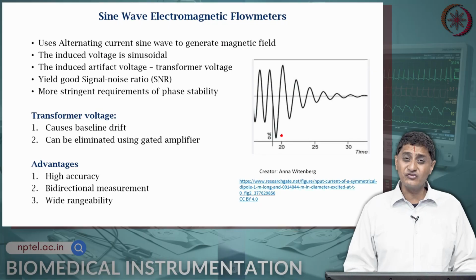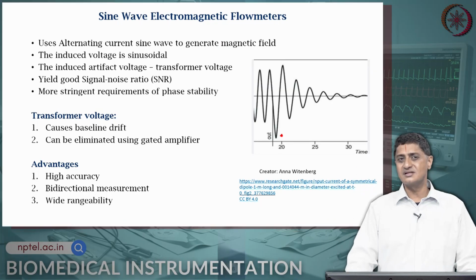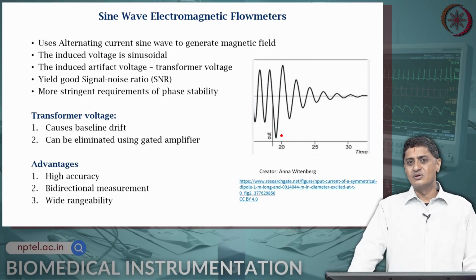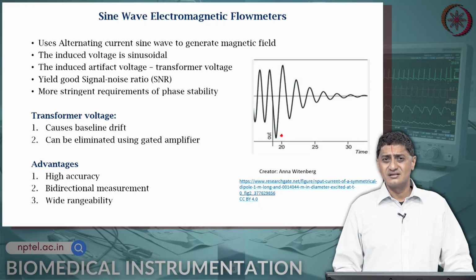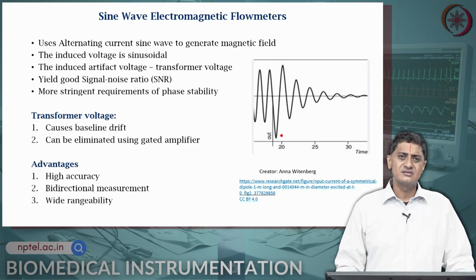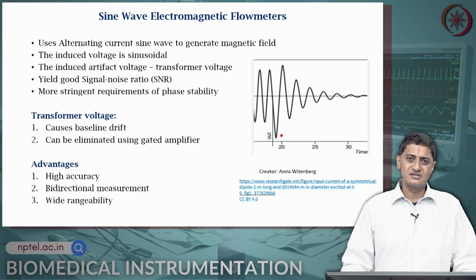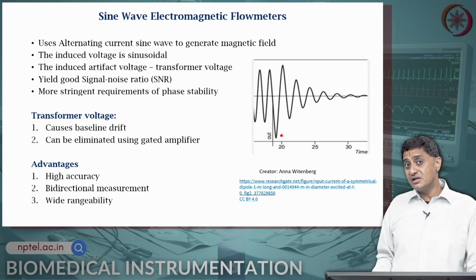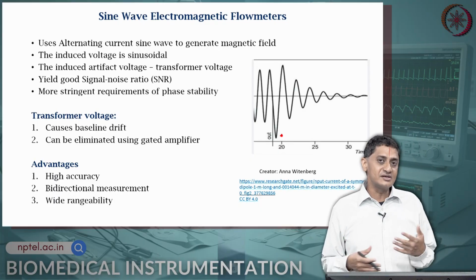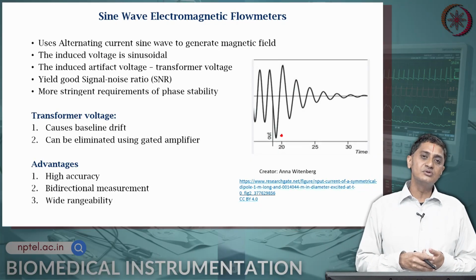So, this transformer voltage is caused because you are using a sinusoid and sending it across a copper coil, so there will be a transformer voltage generated, and it is usually several times the magnitude of the voltage of interest. That means, it is naturally created, and it is not easy for you to eliminate this.